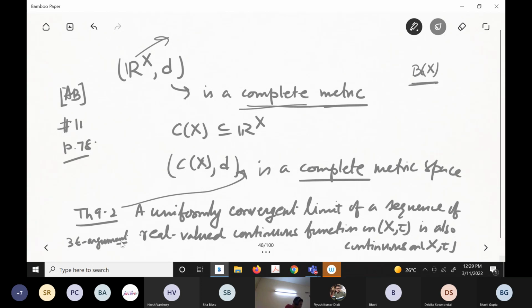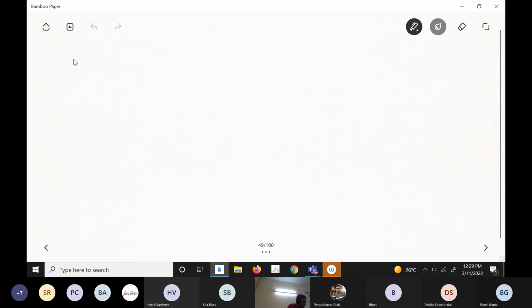Okay. Now that exactly sup norm I talked about last time. Look here, theorem 9.3. Actually, I can write this. I don't need compactness, I'm telling you first. What I can do: let (X, tau) be a topological space.